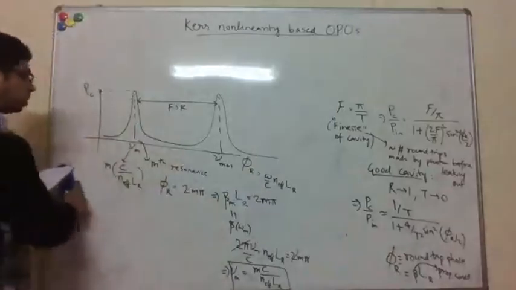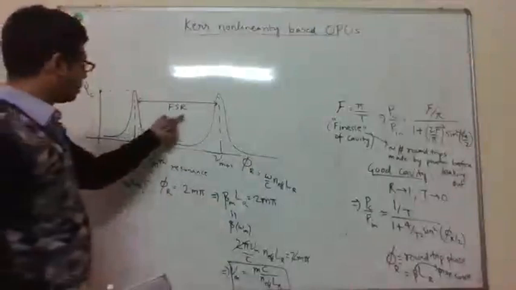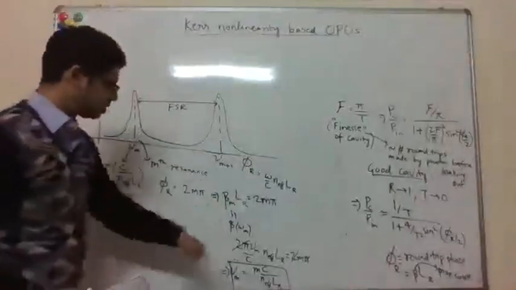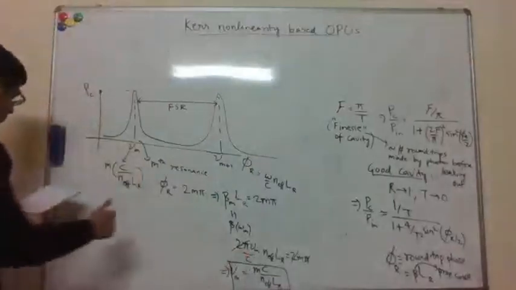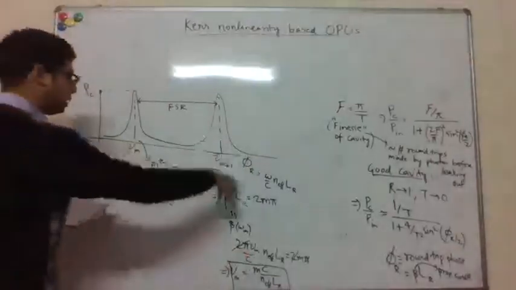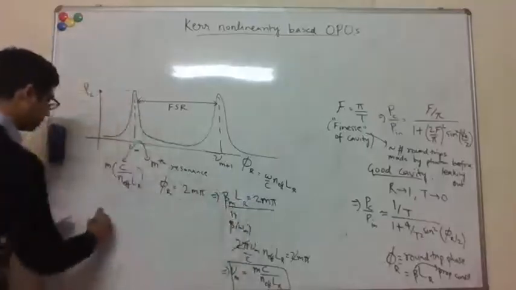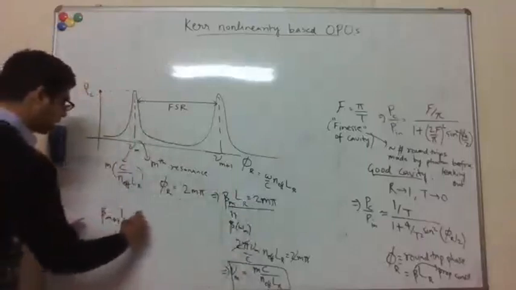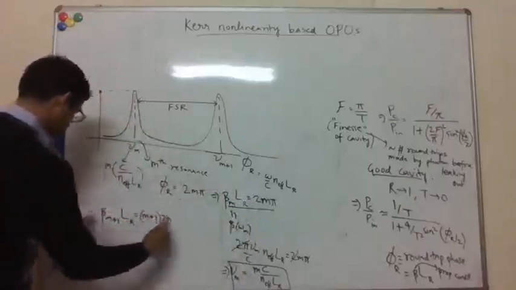Okay, so we can also try to compute the free spectral range in terms of these cavity parameters. For the mth resonance we have this. For the m plus 1th resonance, we'll have beta m plus 1 times LR equal to m plus 1 times 2 pi.